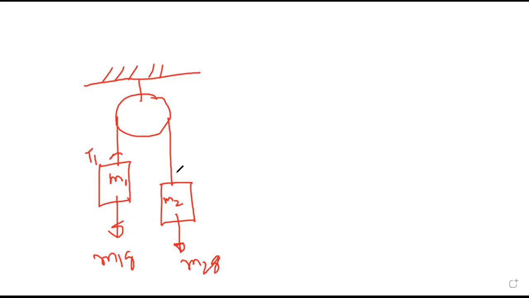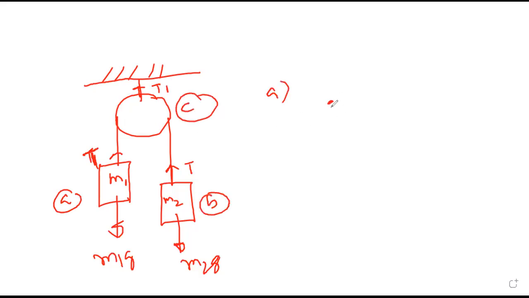Tension T1, or you can call it T. This is also T, the same string, so T. And away from the body, tension T1 and 2T. So this is A, this is B, this is C.